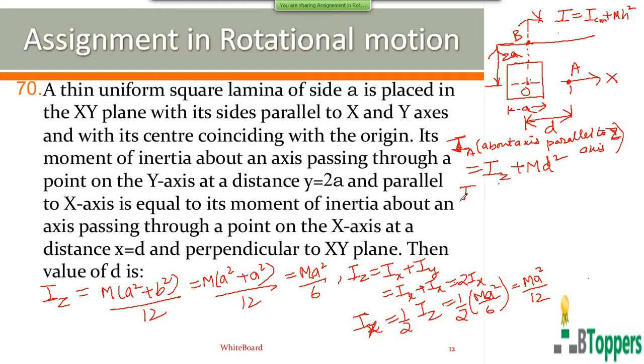Let IB denote the moment of inertia about the axis passing through point B on the y-axis, which is parallel to the x-axis and which lies in the xy plane.